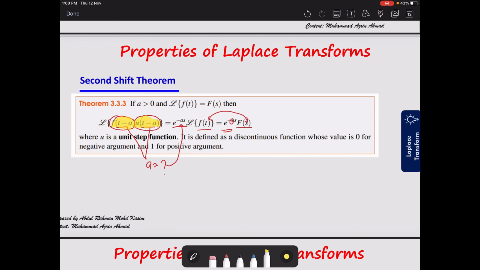We have t minus a, and we have t minus a. When you already have the consistency here, you can bring a over here, and then the answer must be the combination of the exponent negative as with the output that you transform of the function f(t). Alright, so I hope you understand, and we will continue again in the next property.